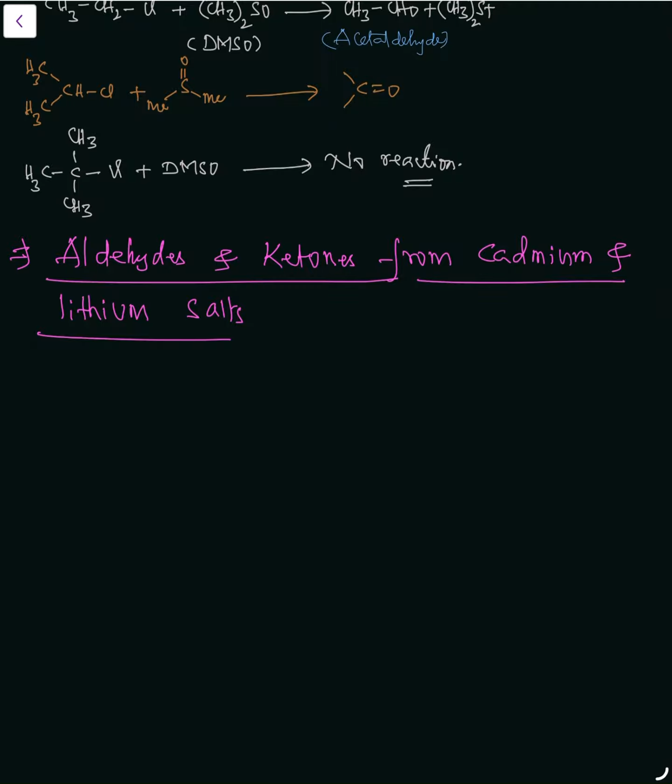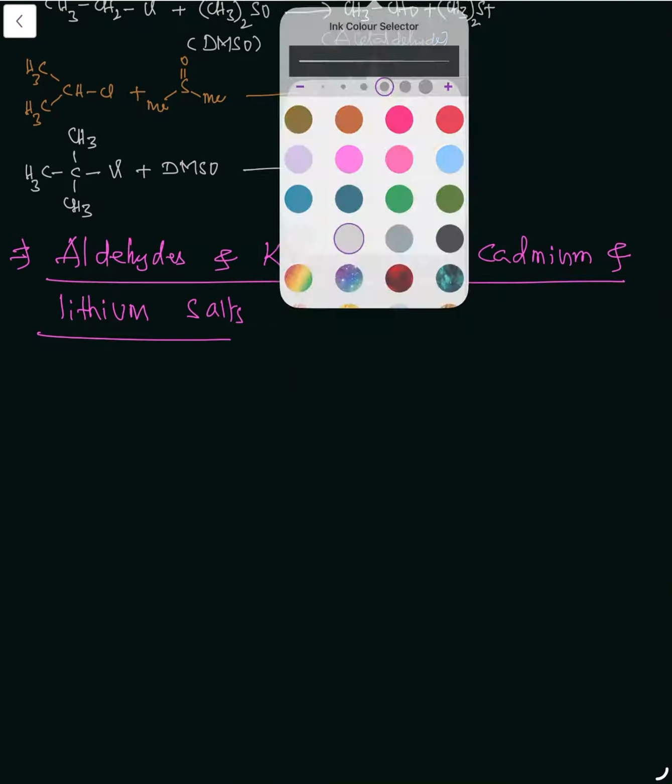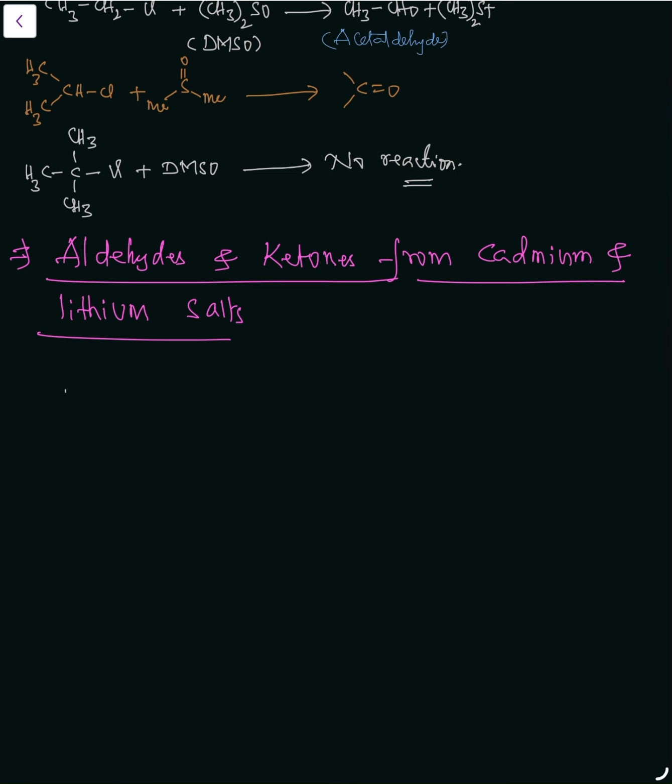So let us see one reaction, that is RMgX when it reacts with cadmium chloride, then we get R2Cd. That means 2 moles of RMgX you have to take, plus MgCl2 plus MgX2.